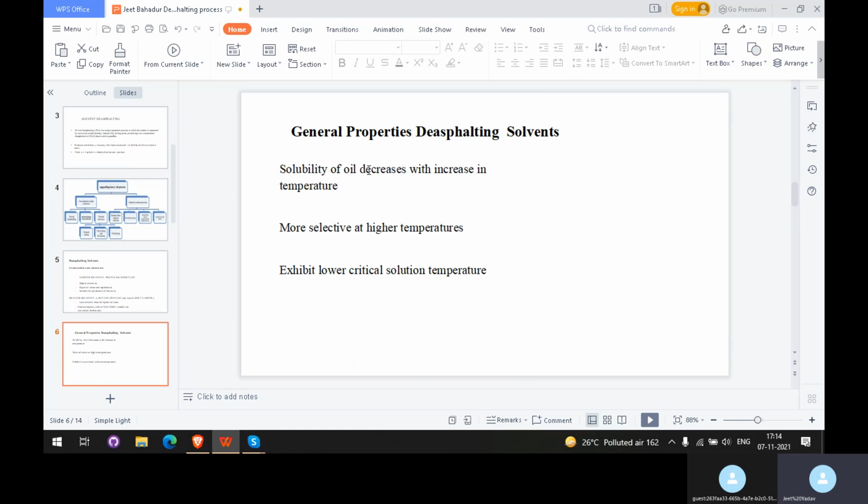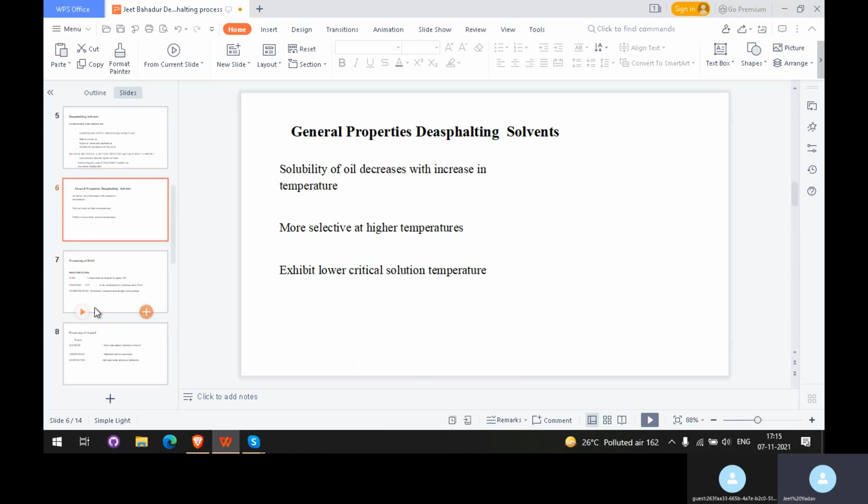The solubility of the oils in a solvent decreases whenever the temperature increases. The selectivity of the solvent also increases when the temperature becomes greater, and it also exhibits lower critical solution temperatures. So these are the properties shown by the deasphalting solvents.